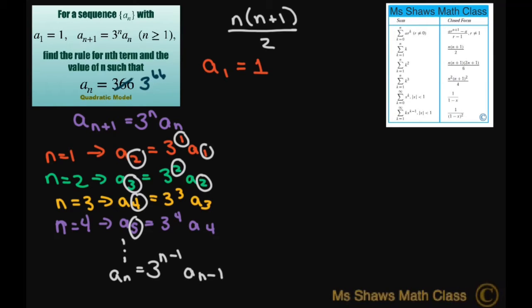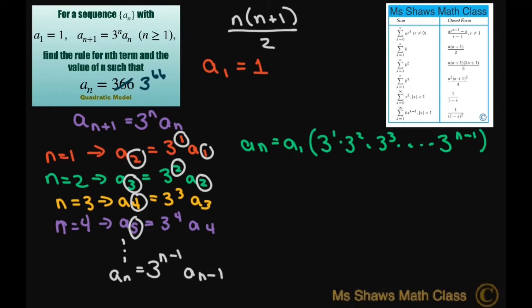So therefore, what I'm going to have is a sub n equals my first term times 3 to the power of 1 times 3 squared times 3 cubed times 3 to the 4th, and just put dot dot dot, times 3 to the power of n minus 1.